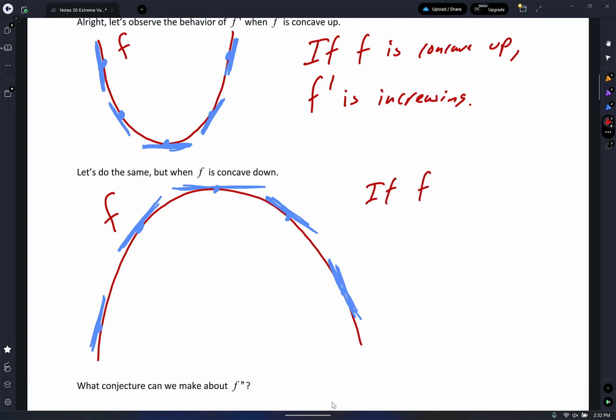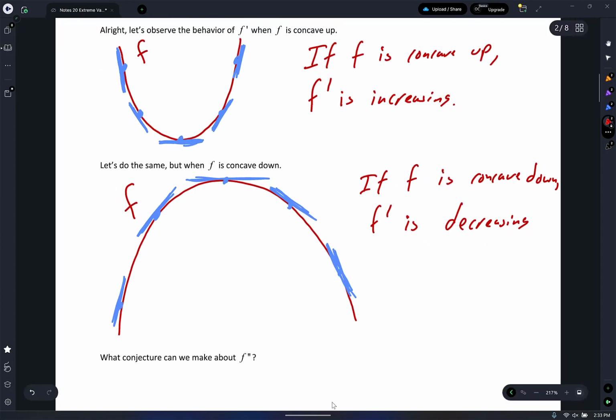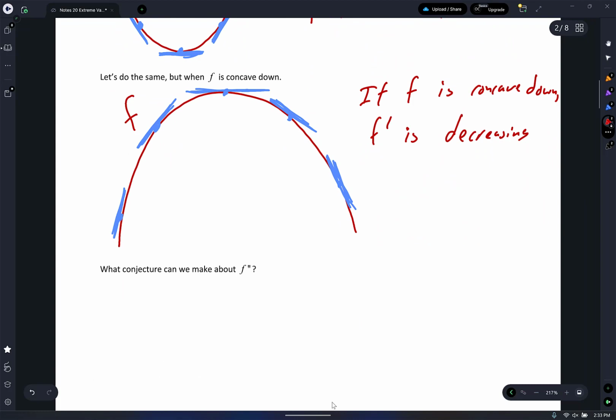If F is concave down, F prime is decreasing. Are we okay? All right. Is this idea stuck in your head? Like, we got this for sure, definitively. Okay. All right. So then I say this statement.